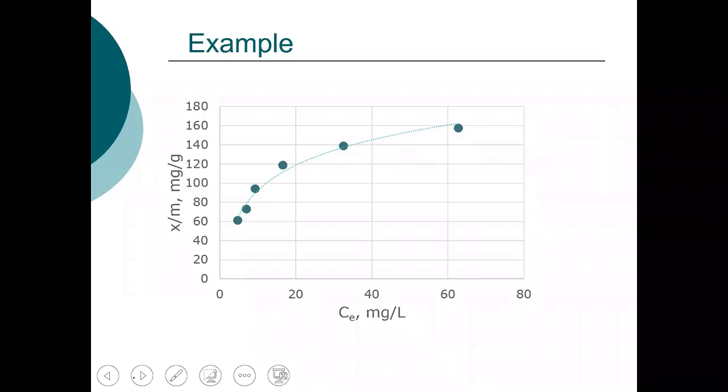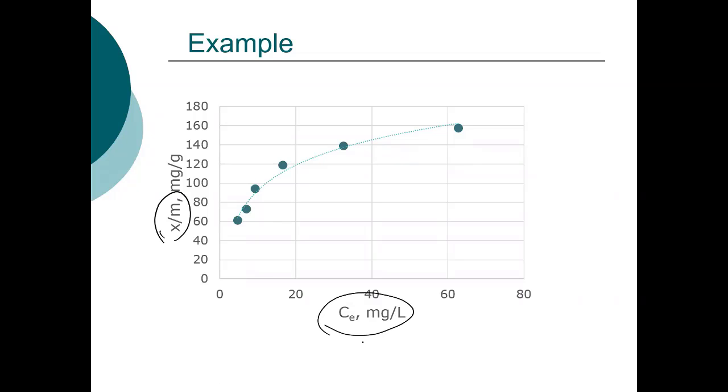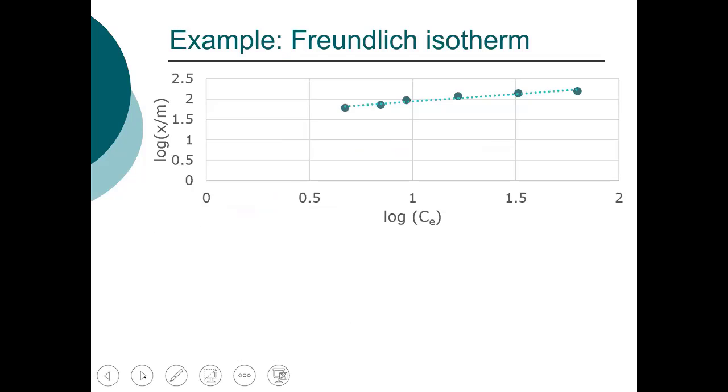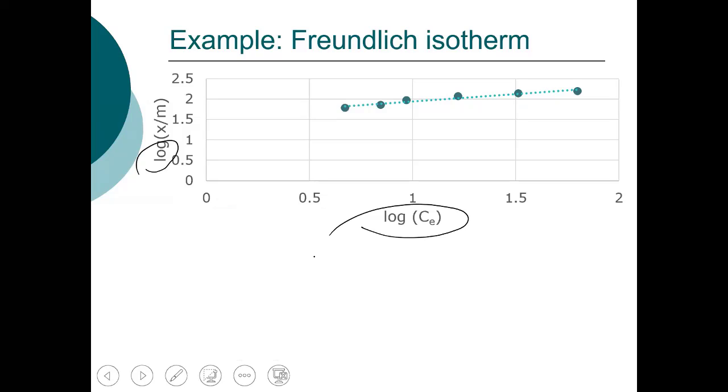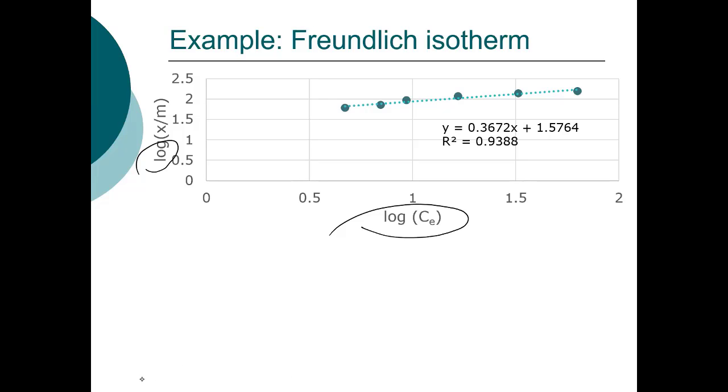So we can plot X over M versus C sub E. We have a nonlinear plot. We can then plot in this case the natural log of X over M versus the natural log of the equilibrium concentration. Notice we have a straight line here. So we've linearized the data. We now have an equation.